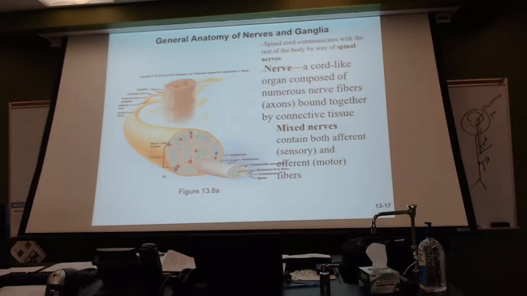All right? Now, the next part that we're going to move into for today, anatomy of either the nerve or the ganglia. The nerve, don't forget, that's the part that's exiting. Okay? So, does it look familiar?